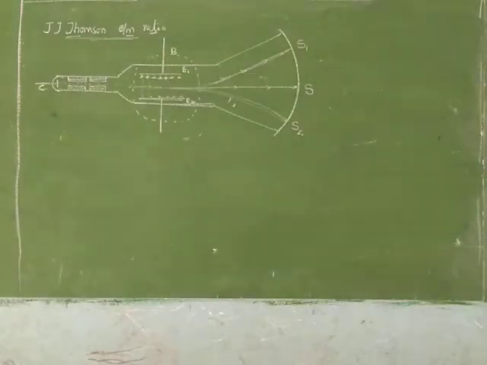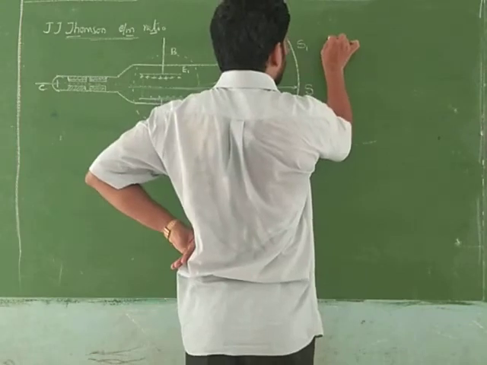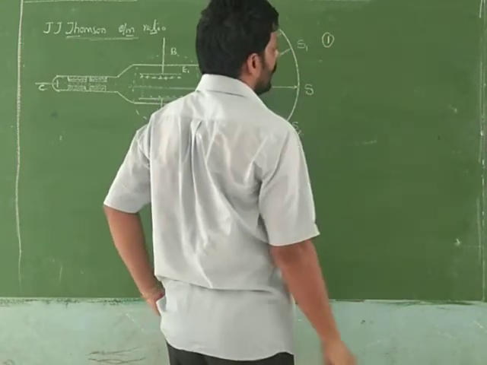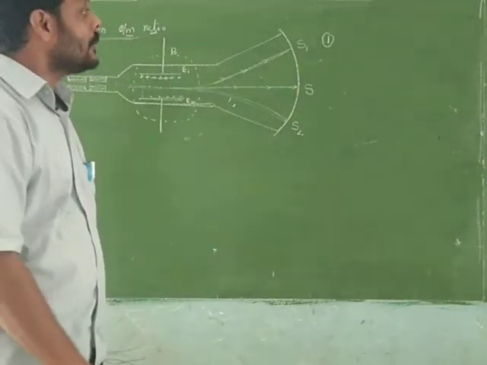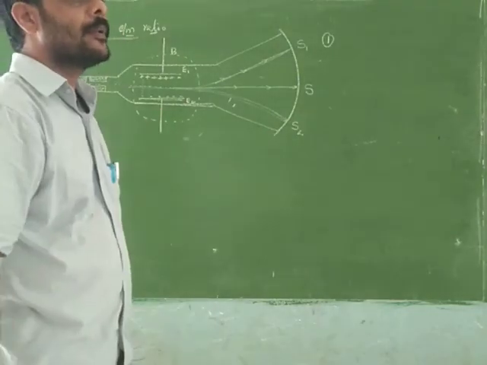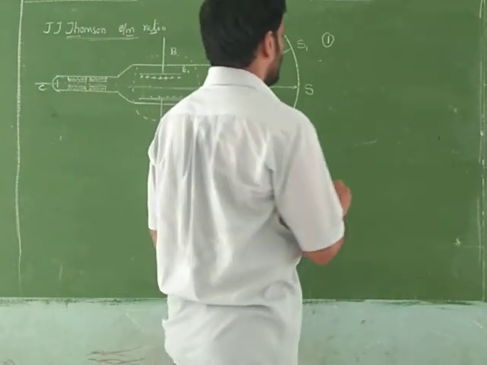Now, let us look at two theoretical points in this. The first one. If the stream of electrons enters the electric field, then what is the path followed by that stream of electrons?